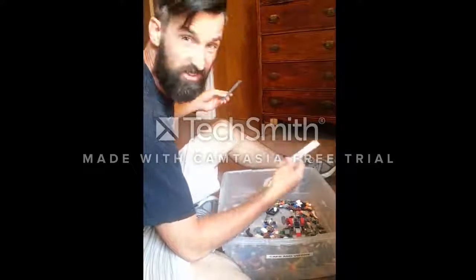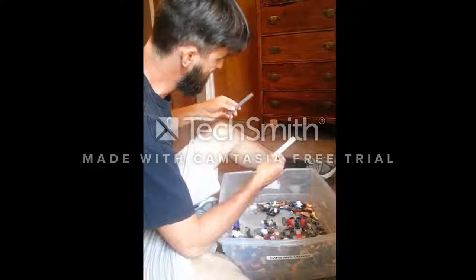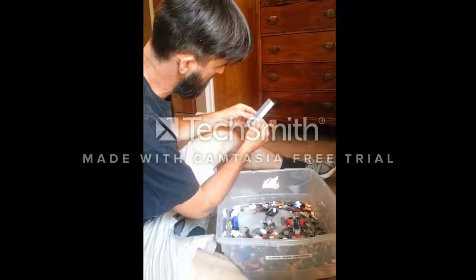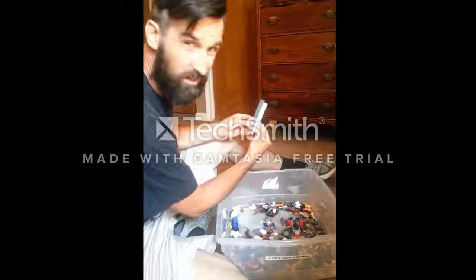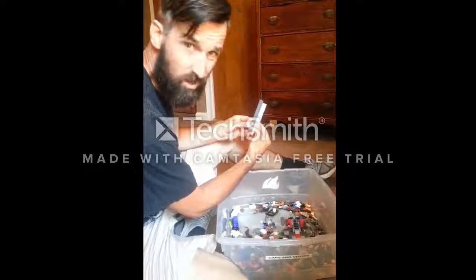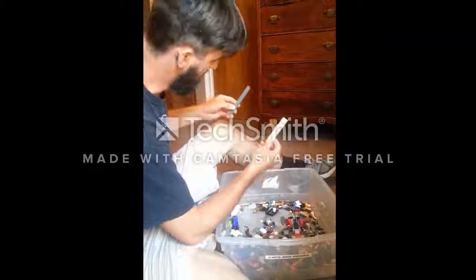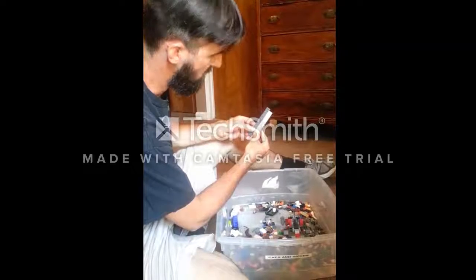Sometimes you have to put them right next to each other to find out which one is longer than the other. And you can see here, it looks like the gray one's longer. When they're apart, it was kind of hard to tell. Put them together, oh, I can tell.